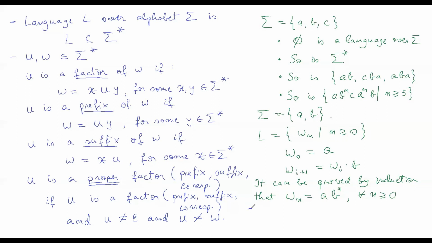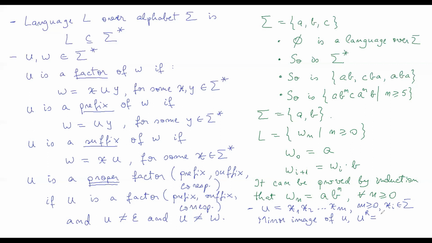So if you have u to be the word, say, x1, x2, up to xm for some m greater than or equal to 0, and all these xi's are letters from sigma, then the mirror image of u is u^R, from reverse.